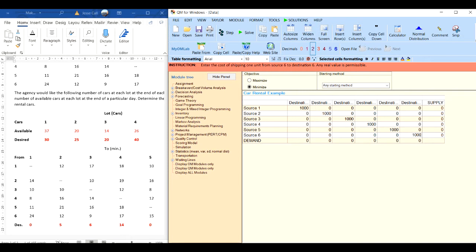Okay, and then we enter our relevant information. So 12, 17, 18, 10. Then the next row: 14, 10, 19.